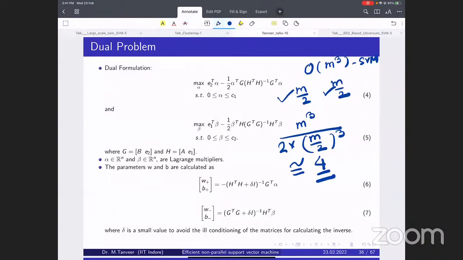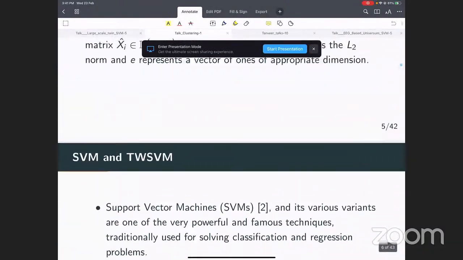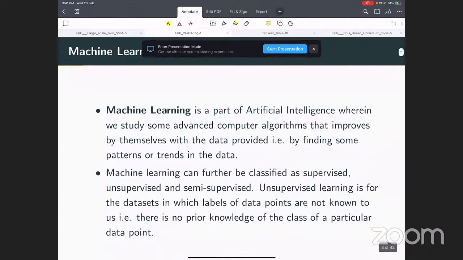Rather than moving ahead, let me just discuss a few things about the clustering problem. In machine learning, which is a part of AI, we study advanced computer algorithms that improve by themselves with the data provided by finding some pattern in the data.